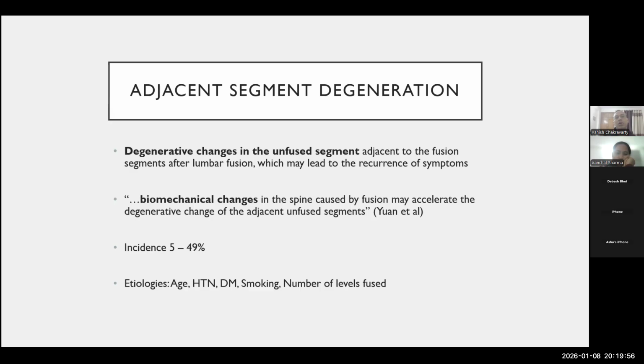The incidence of adjacent segment degeneration is around 5 to 49%, as reported in different literature at different times. The most common etiologies suggested are age, hypertension, presence of diabetes mellitus, smoking, and the number of levels fused. So the more levels that you fuse, the more the chances of getting adjacent segment degeneration.